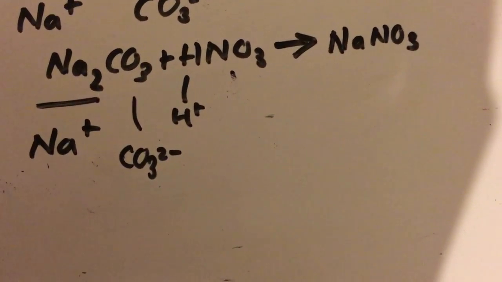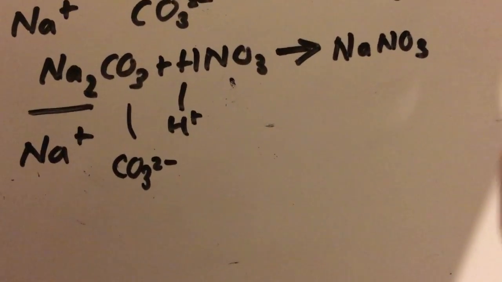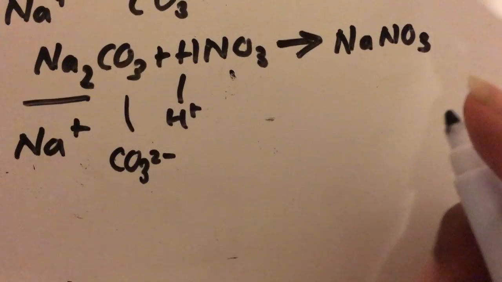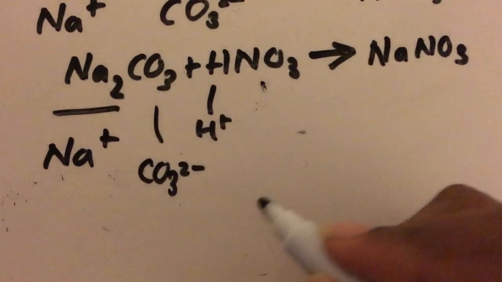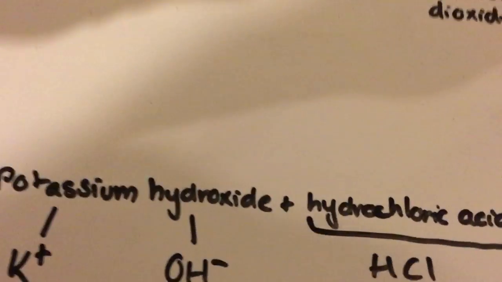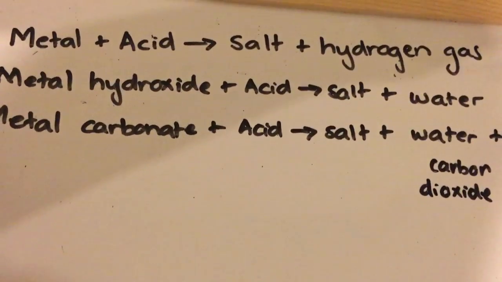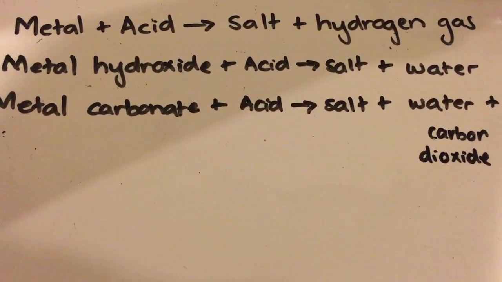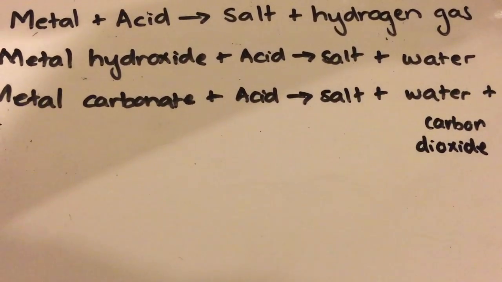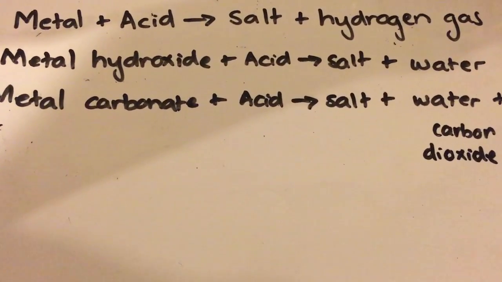Okay, so now we basically just need to use our hydrogen and carbonate. This is where it gets tricky. We've got our 1 hydrogen and our 1 carbonate. If we go back to our rules, we can see that every metal carbonate plus an acid will always equal salt and water and carbon dioxide.